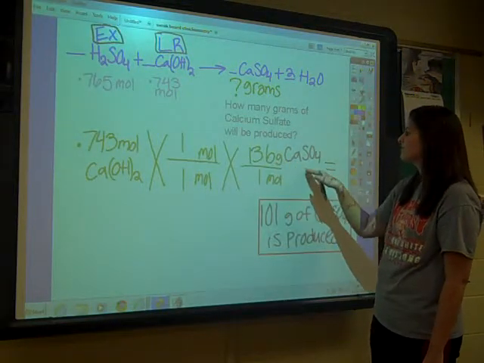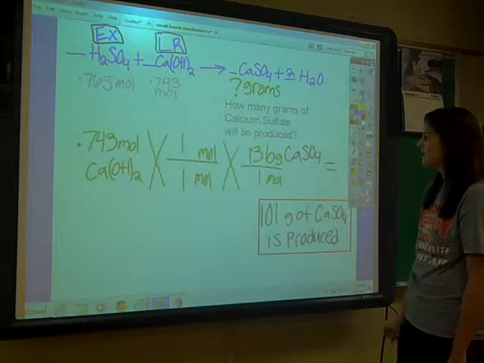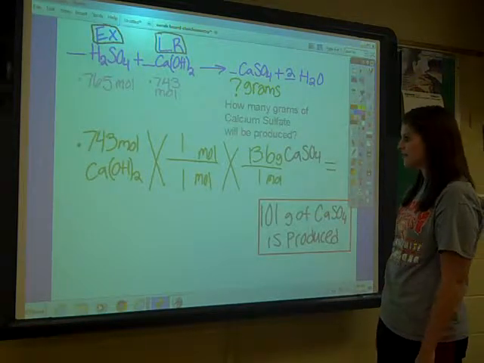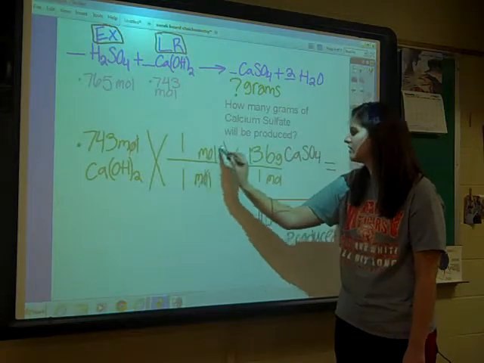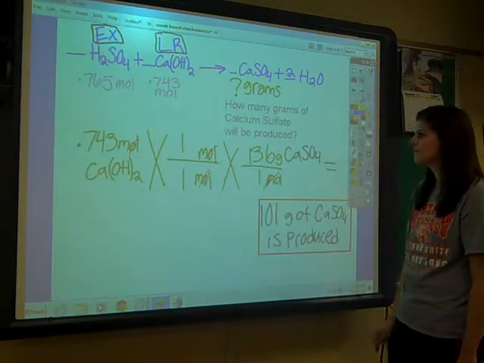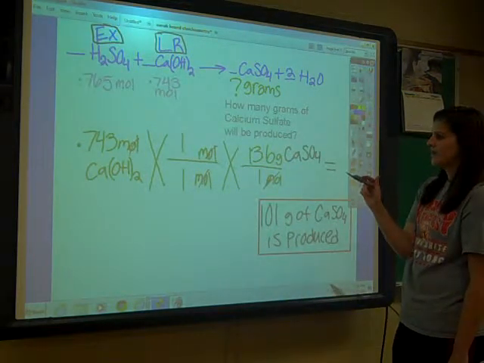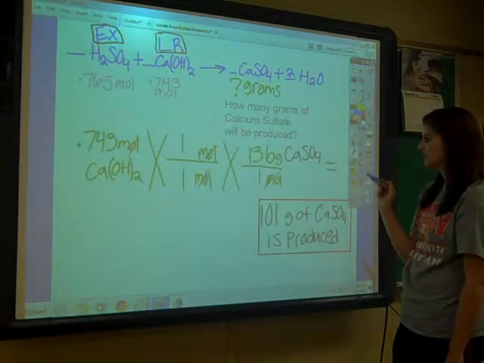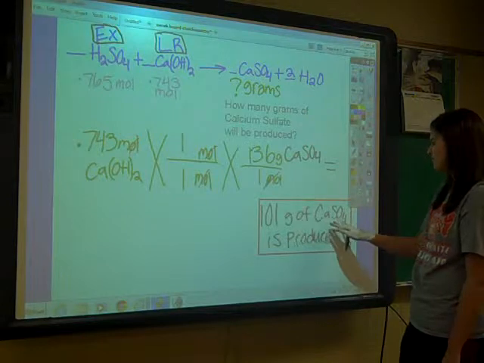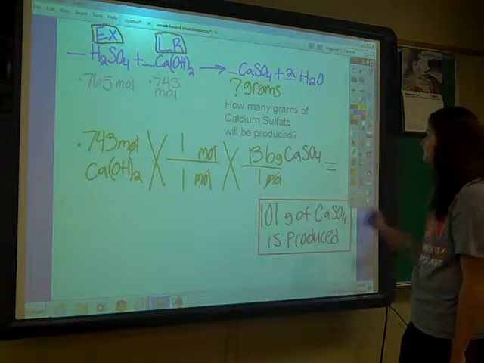The molar mass for calcium sulfate is 136 grams. So your units cancel, and you're left with grams, and 0.743 moles times 136 would be 101 grams of calcium sulfate.